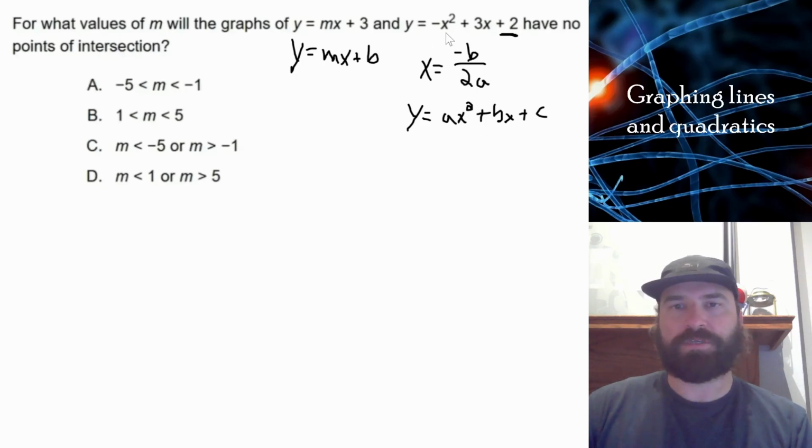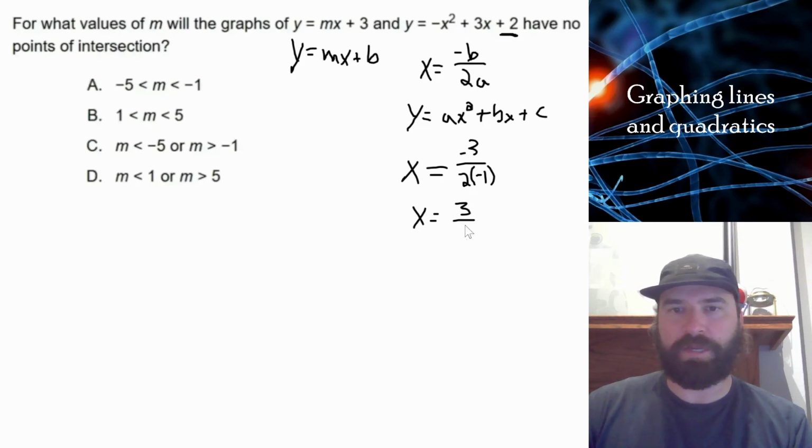So if we look at this equation right here, we can figure out our axis of symmetry by doing x equals our b value, which is 3, that's negative b, over 2 times a, and our a is going to be negative 1 in this equation, which will give us an axis of symmetry of x equals positive 3 over 2 after the negatives cancel.